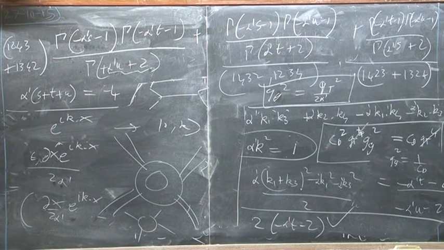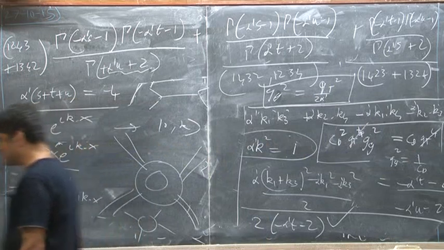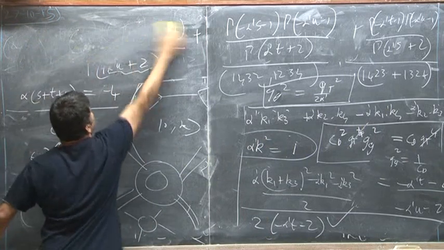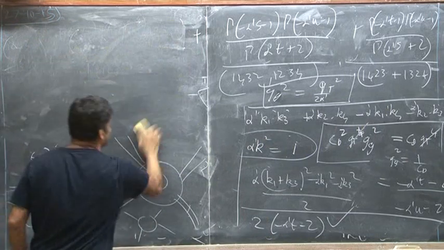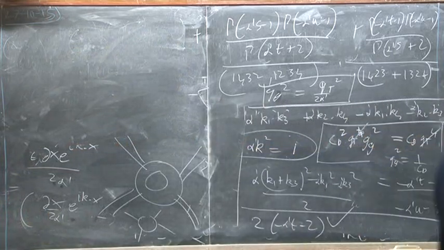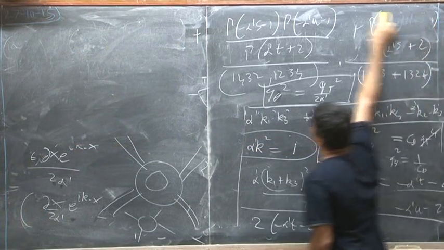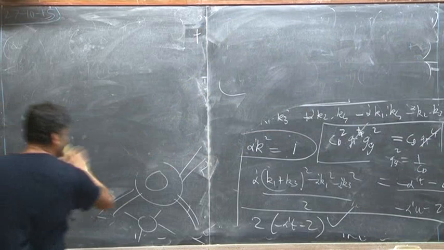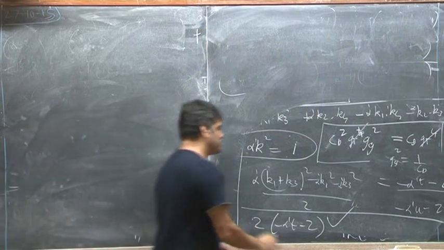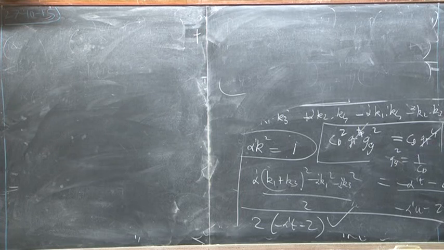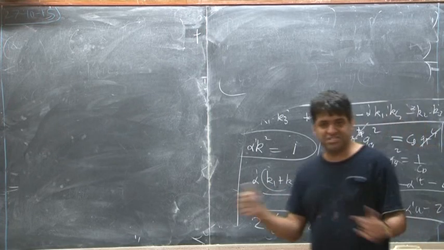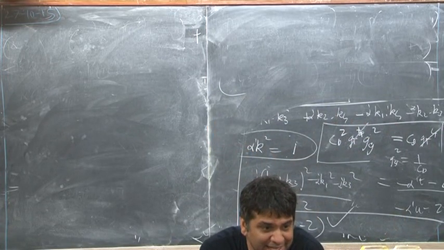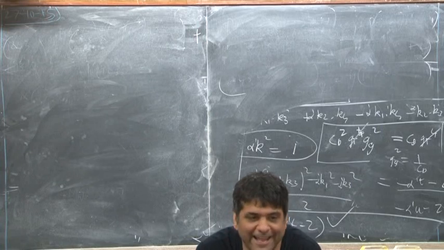Okay, let's move on. By the way, there's one thing I should say. Notice that spin 1 exchange gave a function linear in momentum, and we sort of understood why.